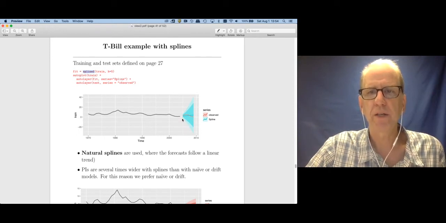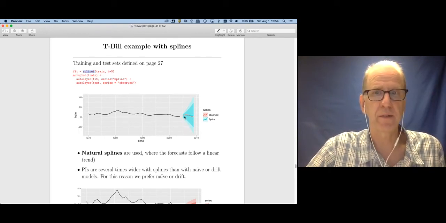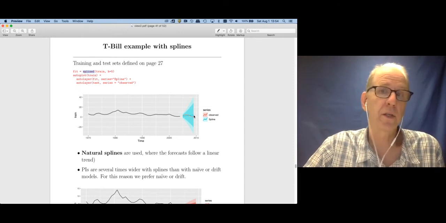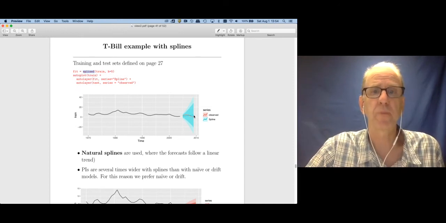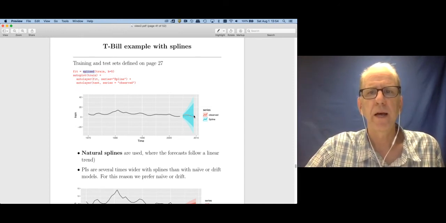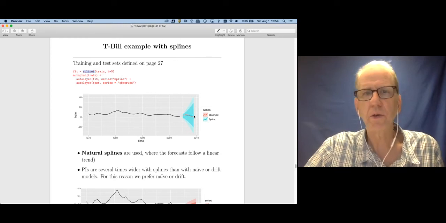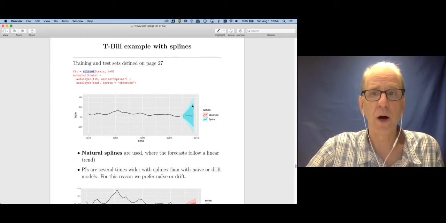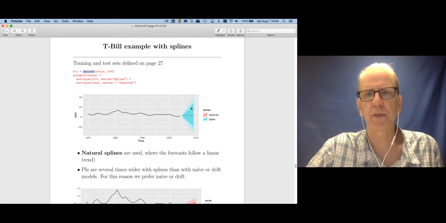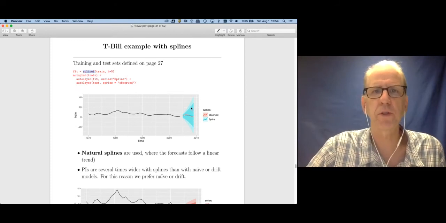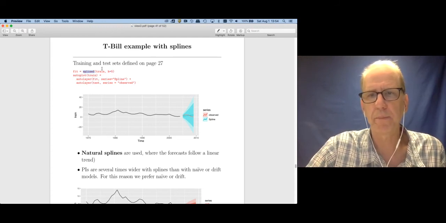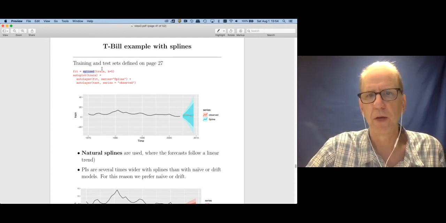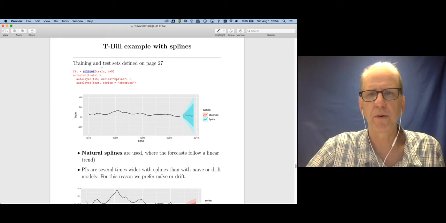And so the spline you're going to see beyond the end of the data is a line, the slight upward trend. And what I'd like you to note is how wide the prediction intervals are. And that's because we're actually using a fair number of degrees of freedom with the spline model. And so the forecasts are not that reliable.